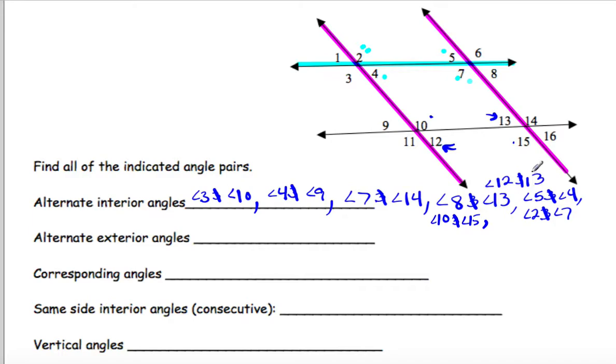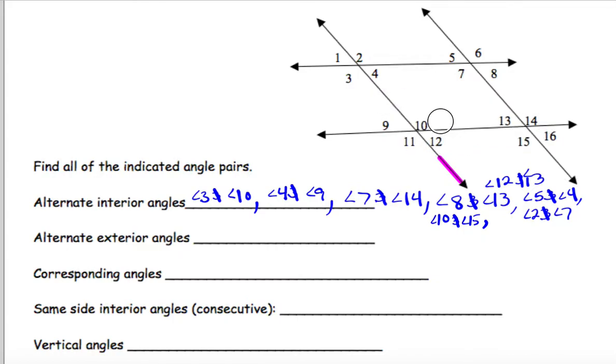Angle 12 and angle 13. There we go. So lots and lots of sets of alternate interior angles for this picture. Each pair of lines and single transversal is going to have 2 pairs of them. So I probably won't name as many with the others just because there's not much room.